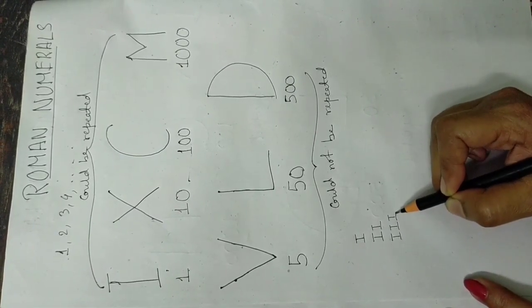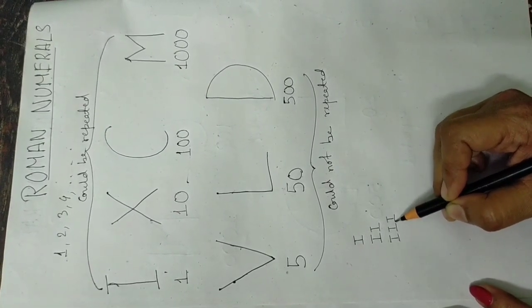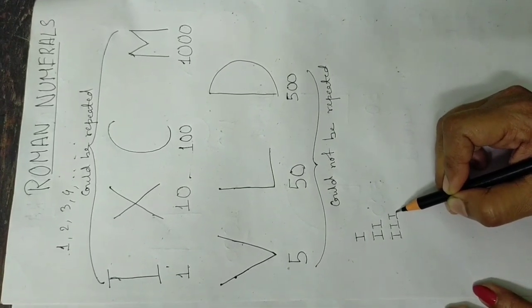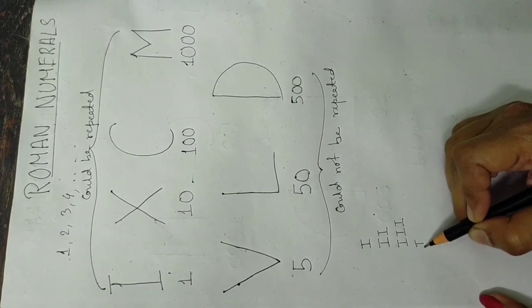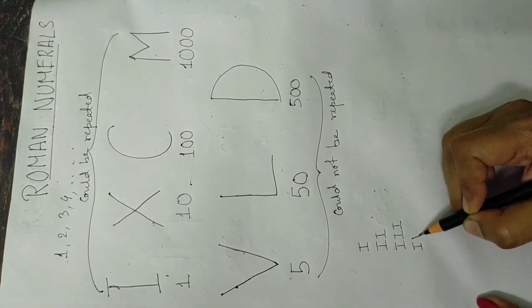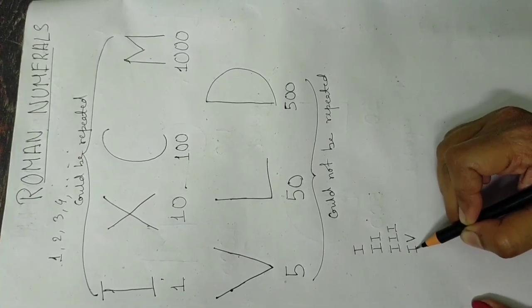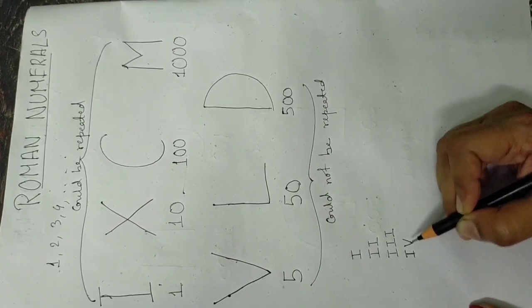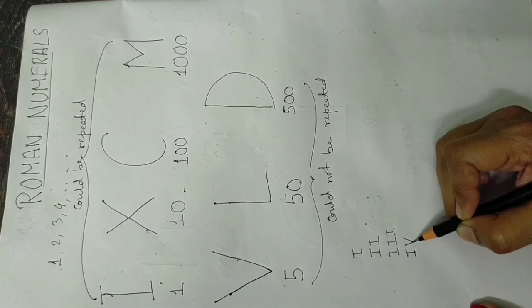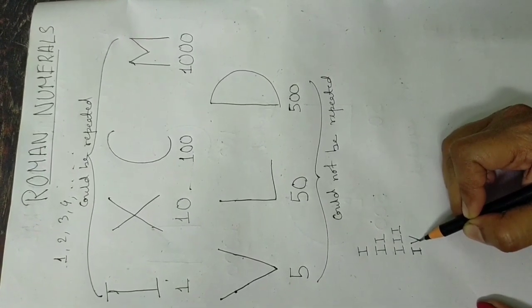Now you cannot repeat a symbol more than 3 times. So to write 4, what do we do? We have to take away 1 from 5. V means 5, I means 1. Taking away means writing I before V. So 5 minus 1 gives you 4.